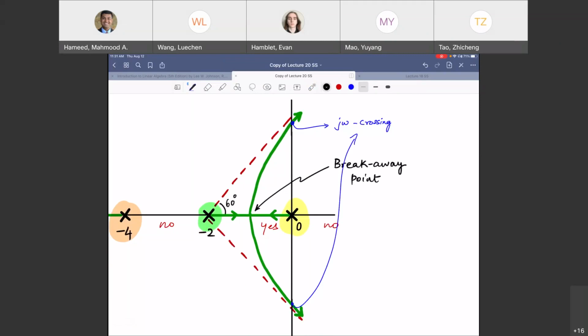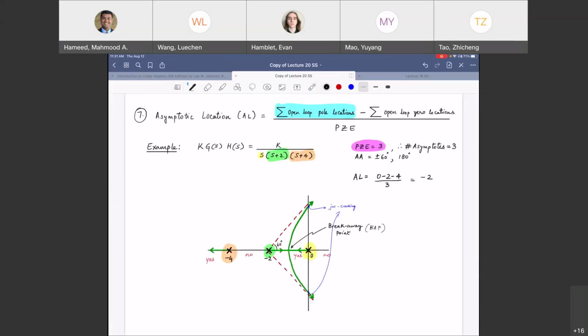And this guy is my breakaway point, BAP. It doesn't have to be in the middle. May work out to be in the middle for this example, but that's not generally the case. Questions about this example? How do you find the number of asymptotes, asymptote angles, asymptote location, and then put that up for this particular example?